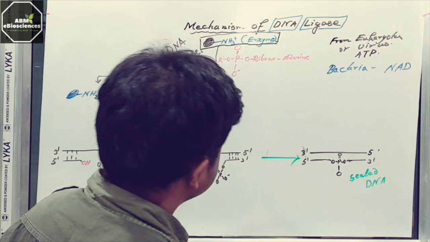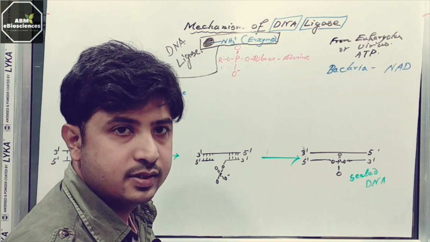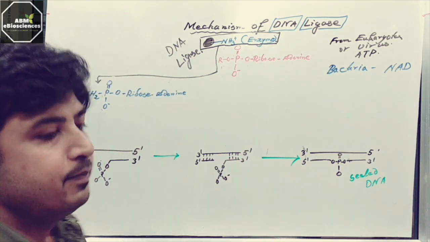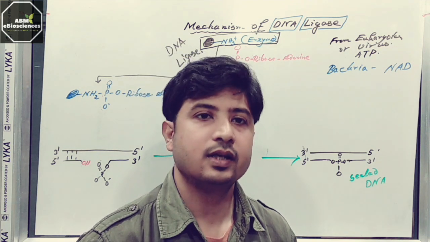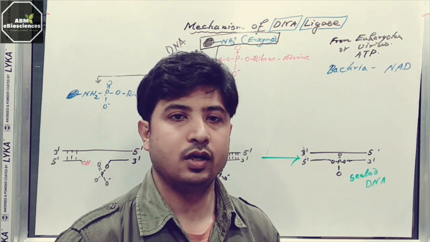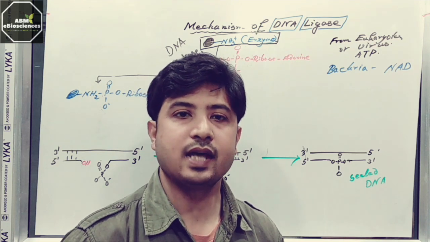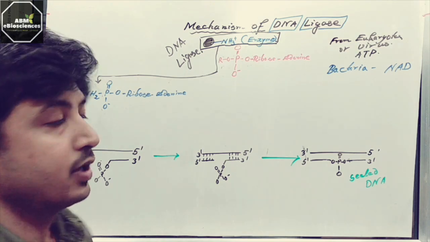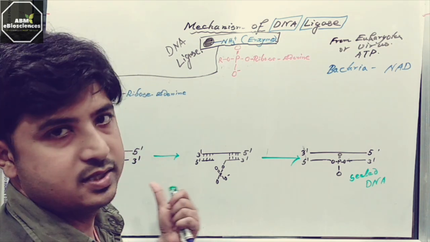The first step of sealing the nick is that the enzyme has to be AMP acylated, meaning the adenosine monophosphate has to be transferred from the ATP or NAD to the enzyme.